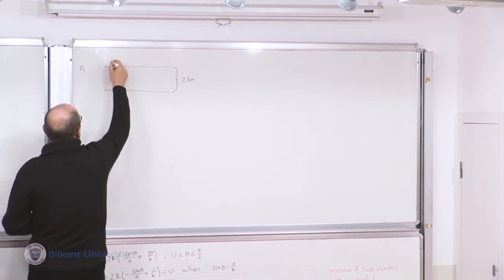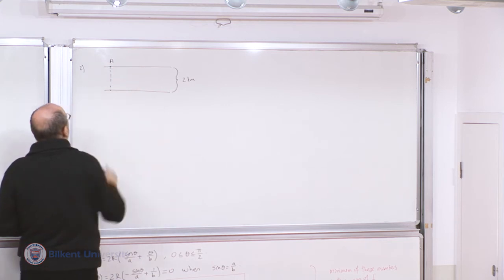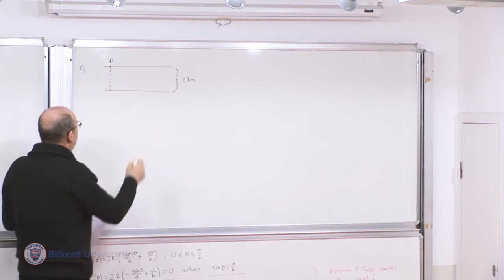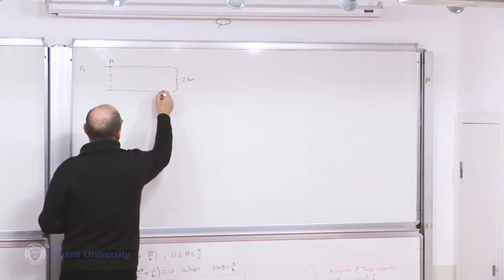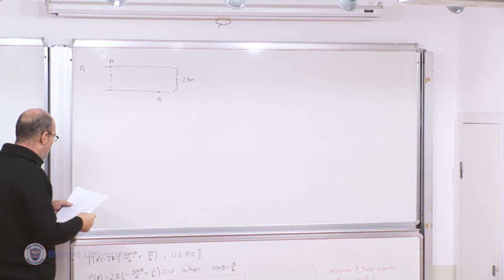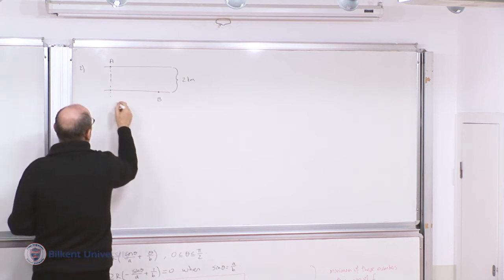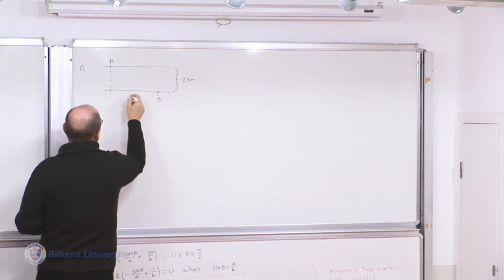There is a point A here. This is the corresponding point here. And 6 kilometers along the way, we have the point B. So this part is 6 kilometers.